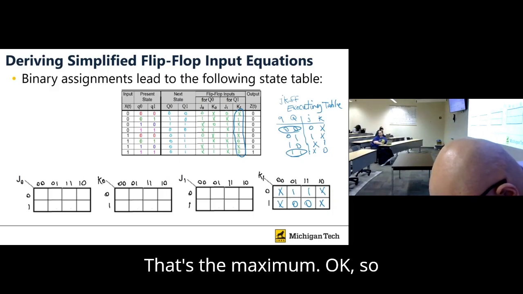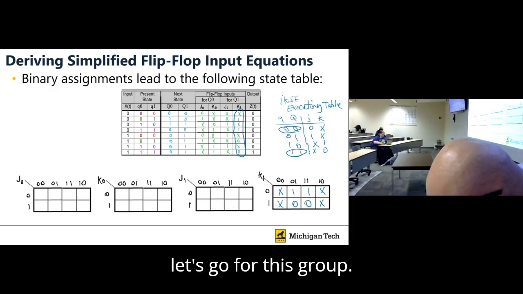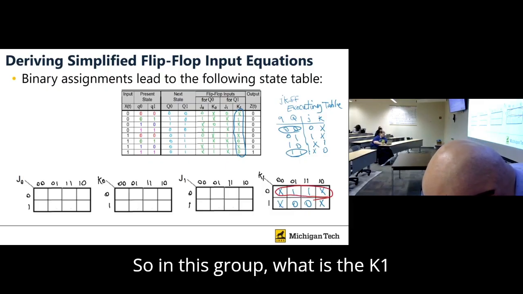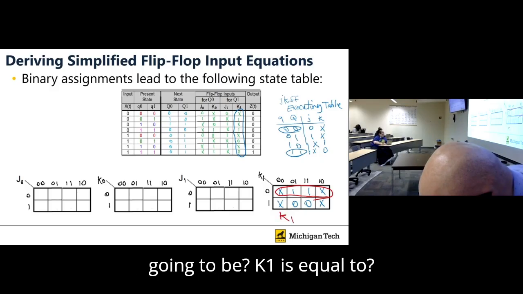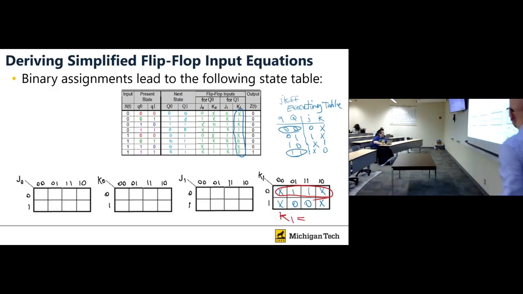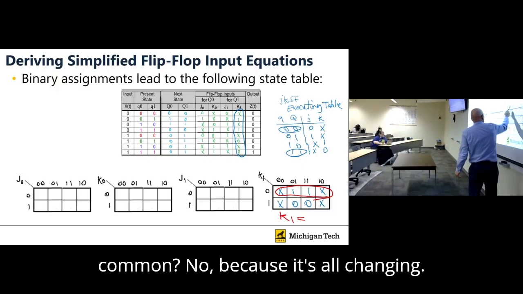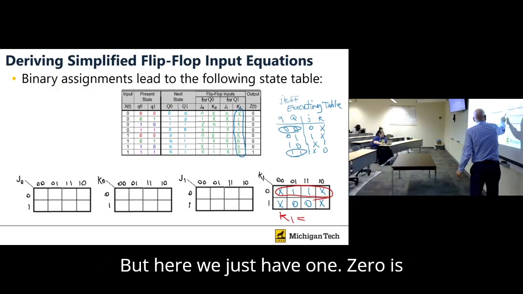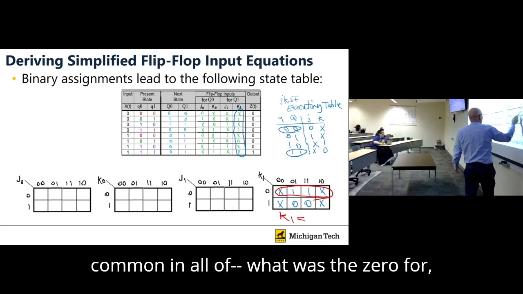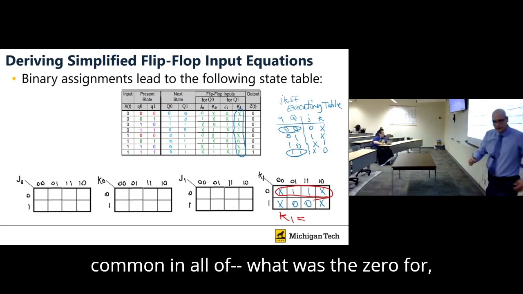That's the maximum. Okay, so let's go for this group. In this group, what is K1 going to be? K1 is equal to, what is in common? Anything here in common? No, because they change. But here we just have 1. 0 is common in all of them. What was the 0 for anyway?